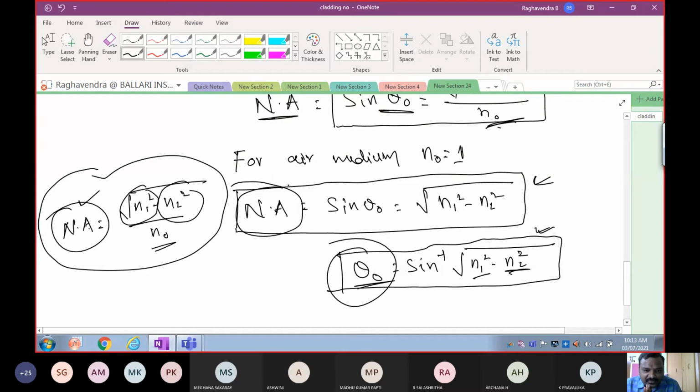See, for that particular angle of incidence, the angle of refraction is 90 degrees at the interface between core and cladding. That particular angle of incidence is what we call the acceptance angle. If you rotate the acceptance angle 360 degrees around the axis, you will get a cone. Any ray that falls inside the acceptance cone undergoes total internal reflection. Have you understood this?